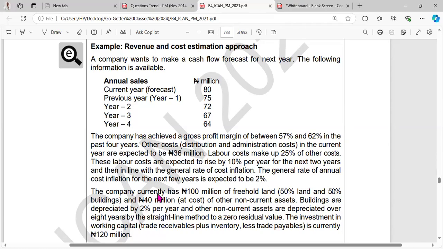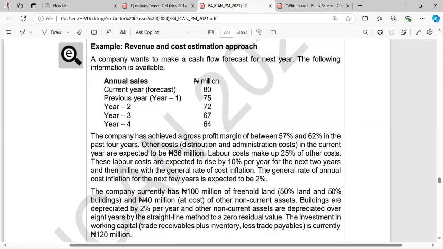The company currently has 100 million of freehold land, 50% land and 50% building, 40 million at cost of other non-current assets. Buildings are depreciated by 2% per year, and other non-current assets are depreciated over 8 years by straight line method to a zero residual value.